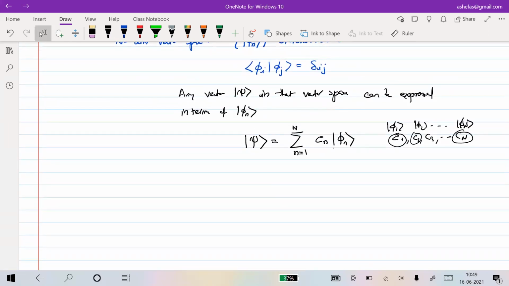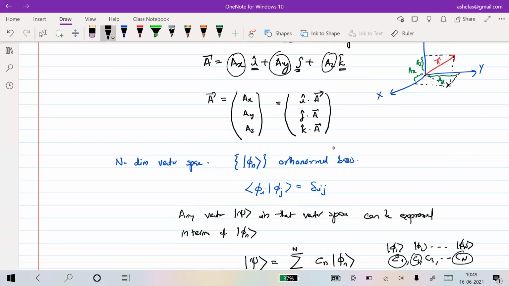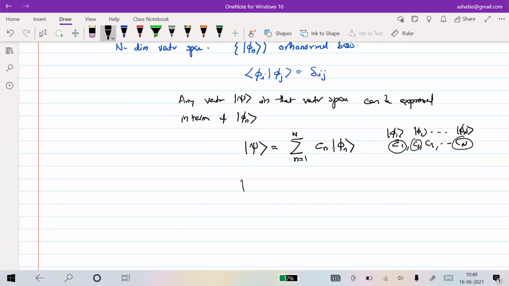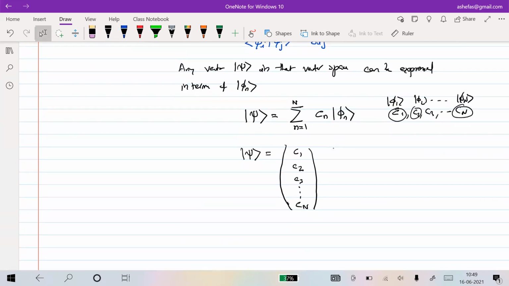If you generalize this way of representing to the n-dimensional vector space, how will we write the vector psi as a matrix? The vector psi can be written as C1, C2, C3, etc., up to CN. This is a very simple way of representing the vector psi. So C1, C2 up to CN are the expansion coefficients of vector psi along the different basis vector directions.